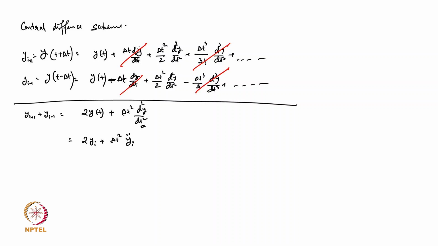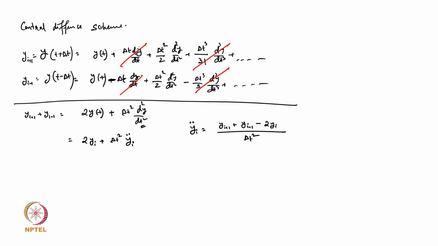So this can be written as yi double dot equal to y i plus 1 minus or plus y i minus 1 minus 2yi divided by delta t square. Can I say that?